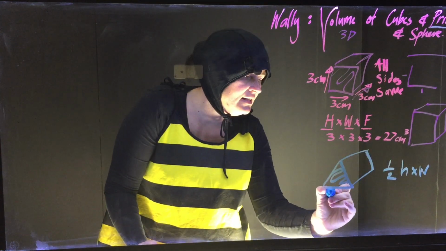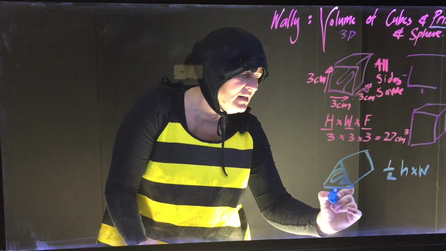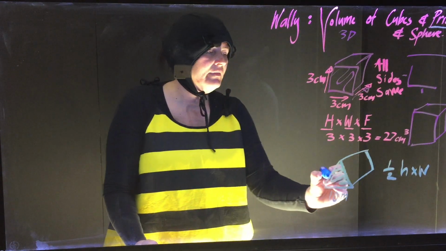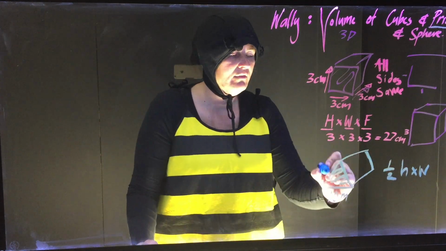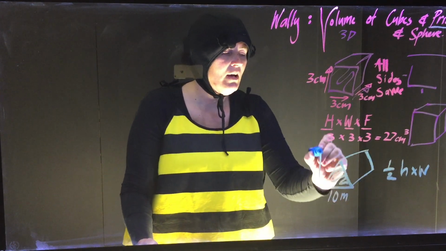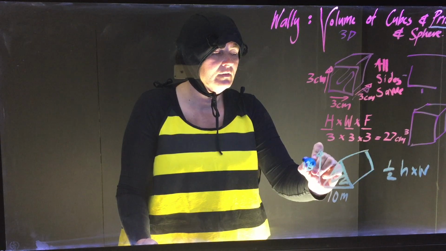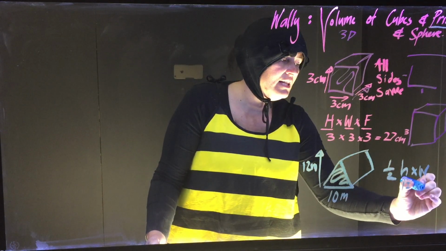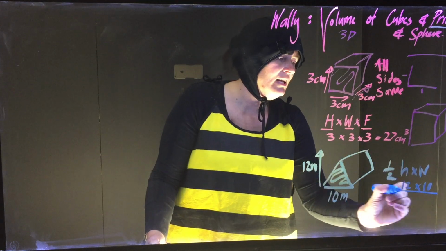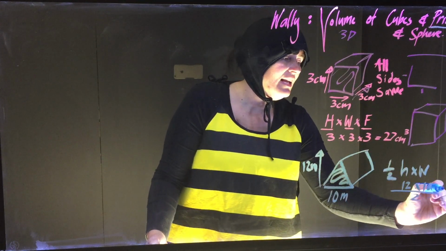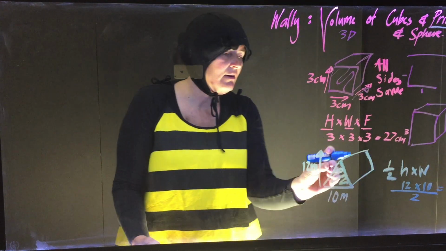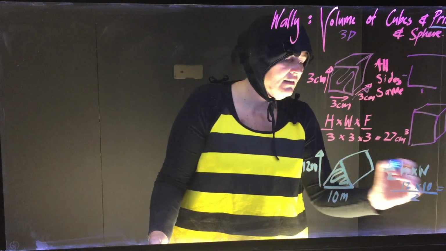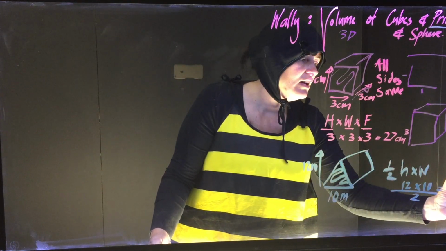So if this tent, it's a big tent because it's for polar bears, was 10 meters wide, and it was, let's say, 12 meters tall, then we would go 12 times 10, which is 120, and then we'll halve it. So the area of the shape that repeats is 60 meters squared.